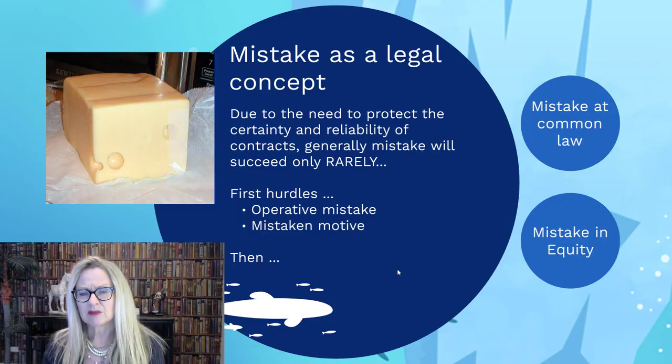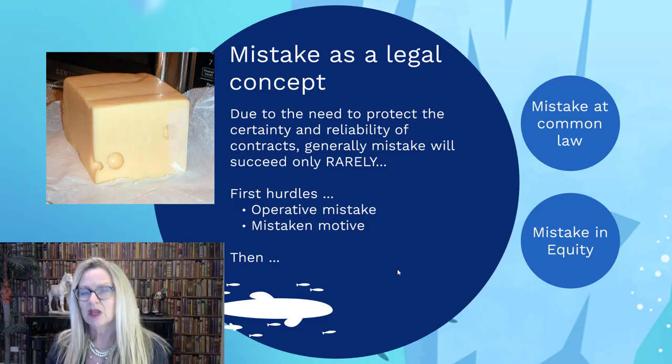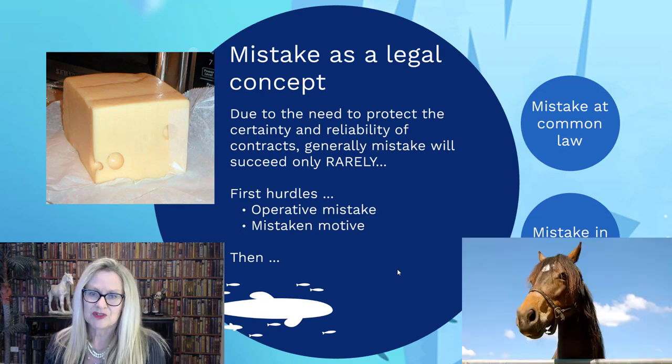Mistaken motive is a little bit more interesting, and you see why courts say that you can't just back out of a contract for a mistaken motive. What do I mean by mistaken motive? It's where, for example, as the court said in Bell v Lever Brothers, they gave an example of two people negotiating to buy and sell a horse, and the horse is just standing there.